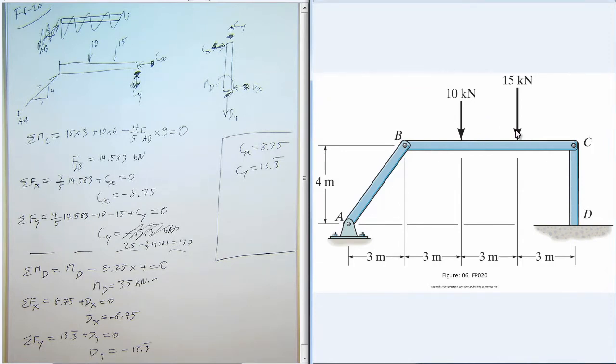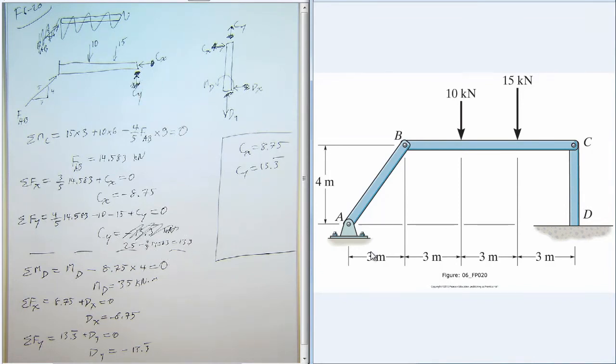Sometimes things can be a little counterintuitive, but in this case I didn't see any way that the reaction at D should be holding D from going up. And so I looked back and saw that there was a mistake in my math, and Cy is actually positive.